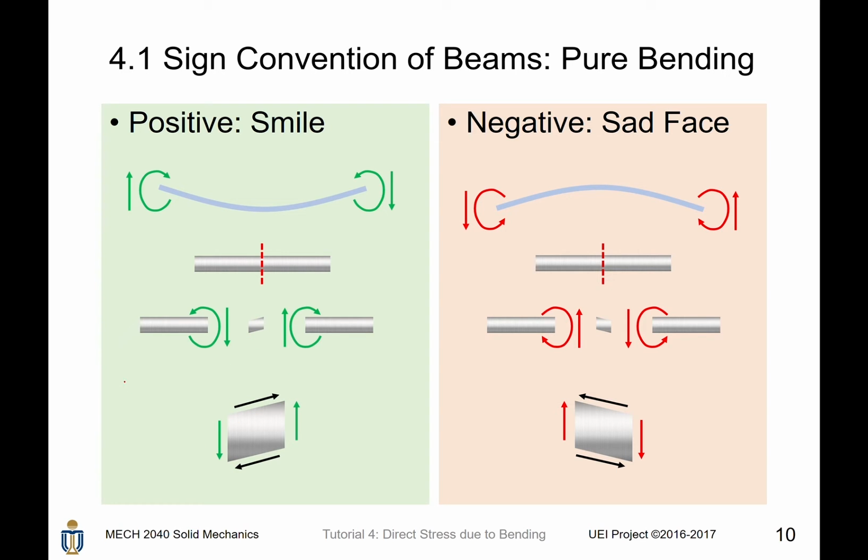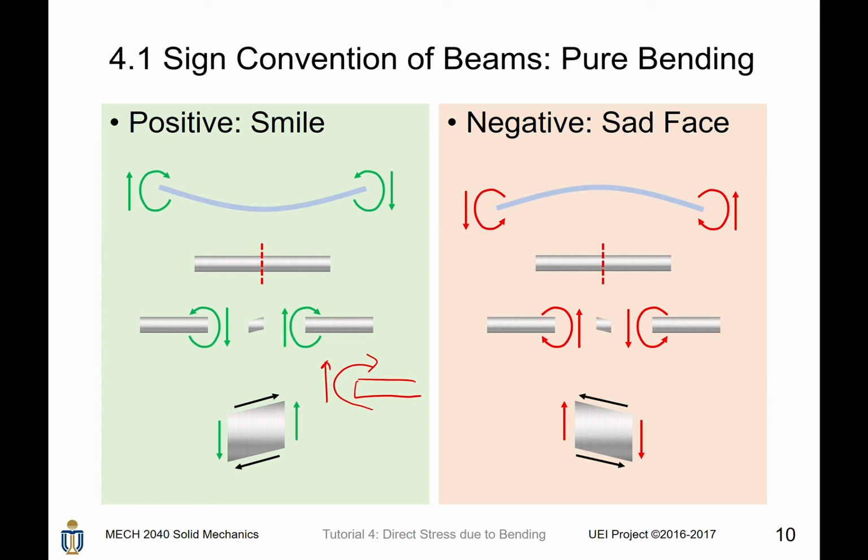That means for a beam cut like this, if you are analyzing the moment and shear stress on this side, then the moment is like this because of our smile, and the shear force is positive if it is pointing downward because it comes from this. Similarly, for the right section, first we try to bend it to smile like this, and then the shear force is positive when it is pointing upward.